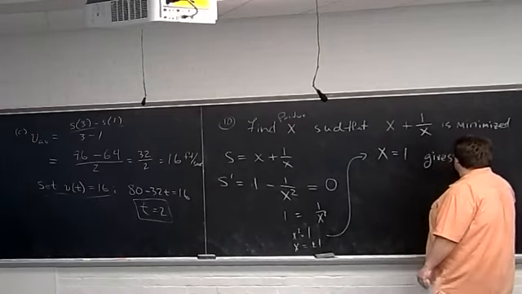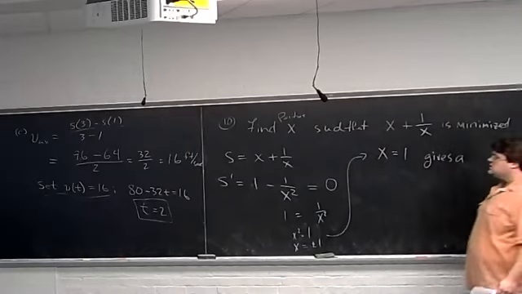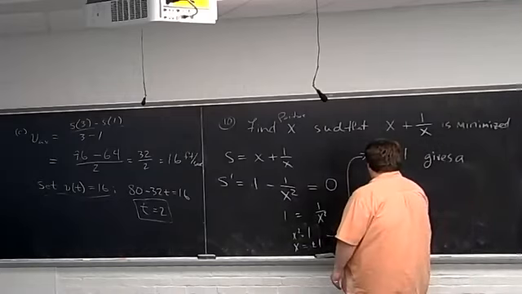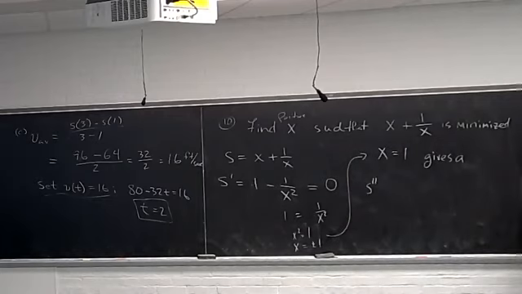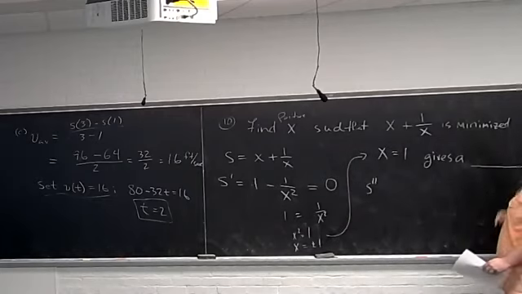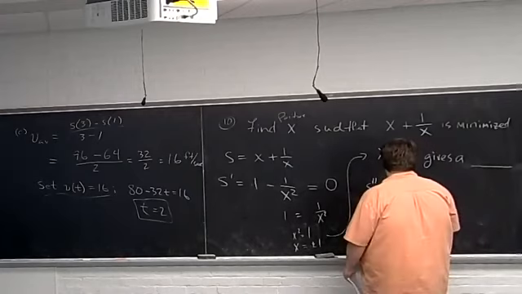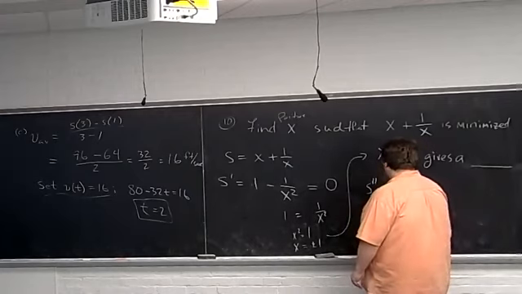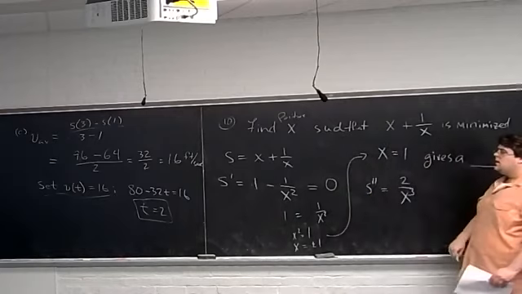Does x equals positive 1 give a maximum or a minimum? Well, let's check using the second derivative. So x equals positive 1 gives a, I'll fill in the blank in a moment. Why? Well, what's the second derivative? 2 over x cubed.